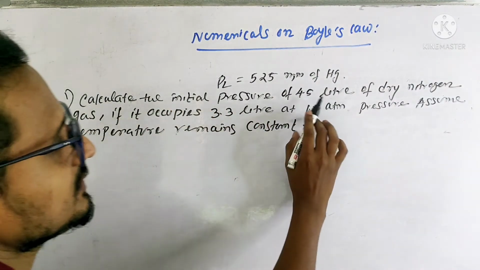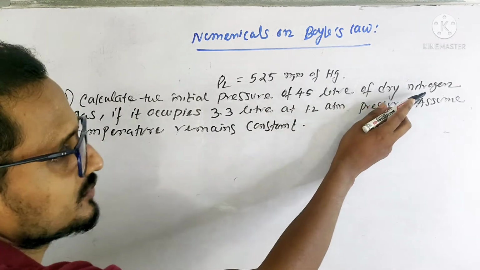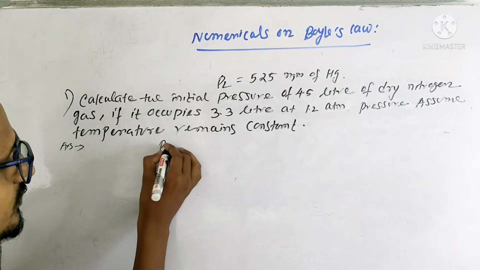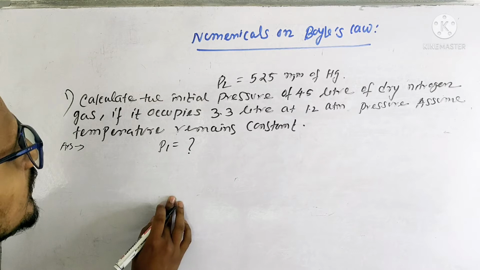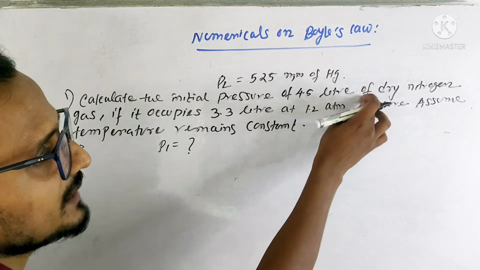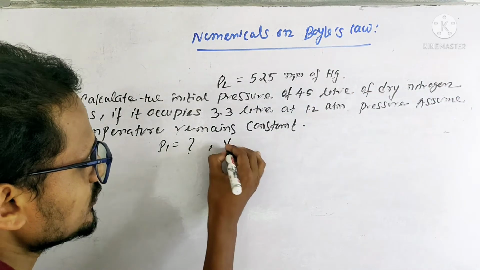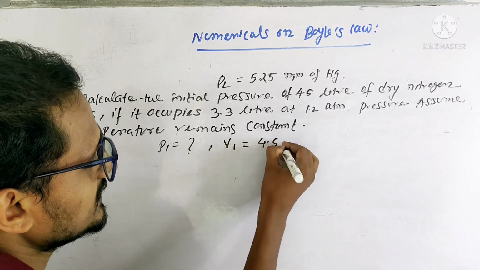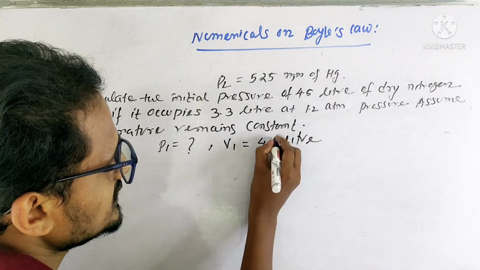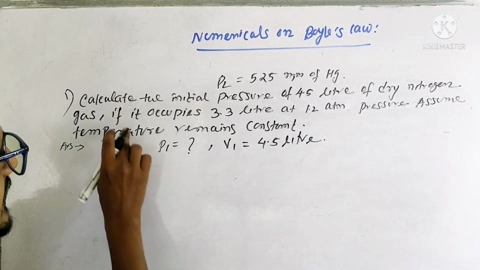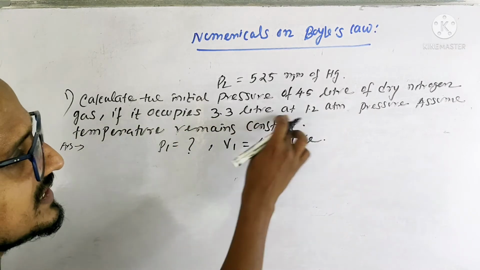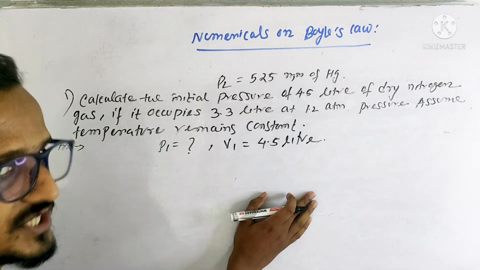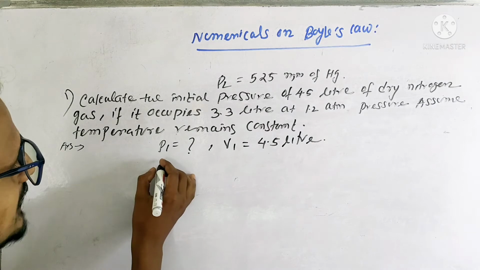Calculate the initial pressure of 4.5 liter of dry nitrogen, if it occupies 3.3 liter at 1.2 atm pressure. Initial pressure means P1 we have to calculate. The initial volume V1 is given, 4.5 liter.